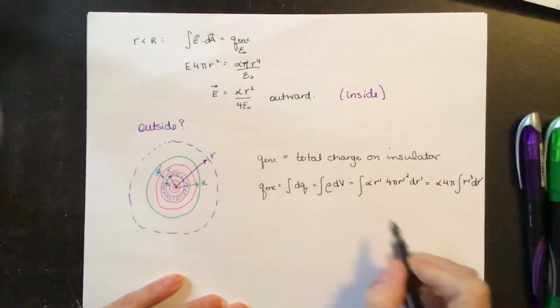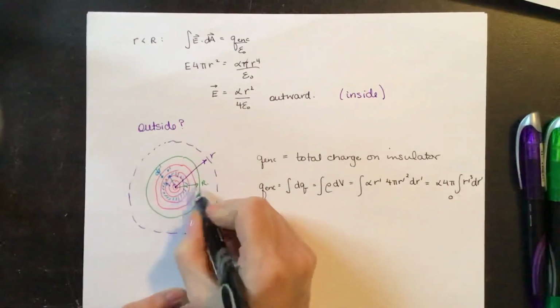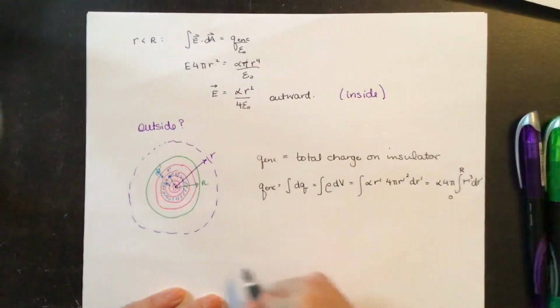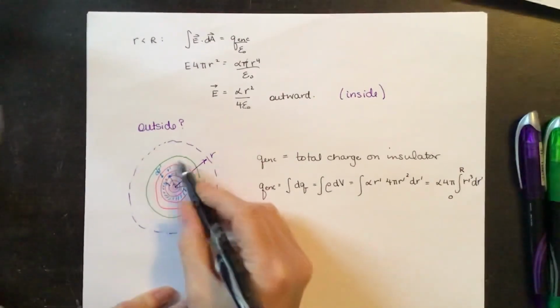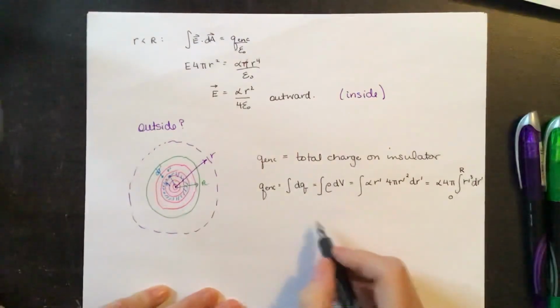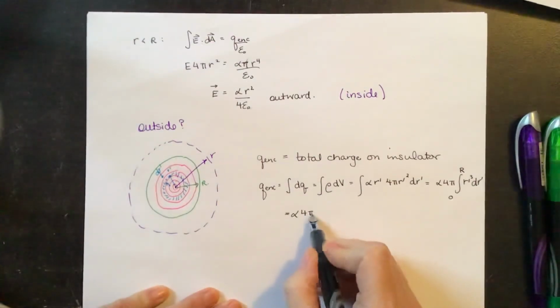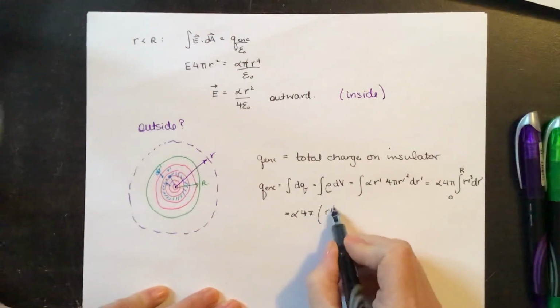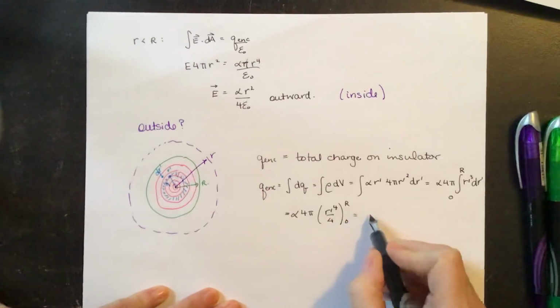So same integral as before. This time we start at r primed equals 0 and we finish out at the surface of this shell because we're trying to get the charge on the entire insulating sphere, so we go right out to the radius of the entire sphere. So that's equal to alpha times 4 pi times r prime to the 4 over 4, evaluated at the radius and 0.